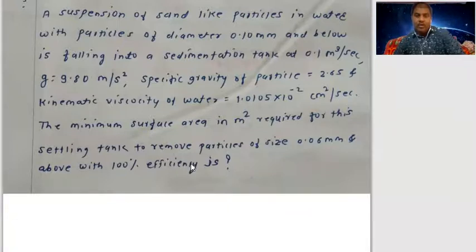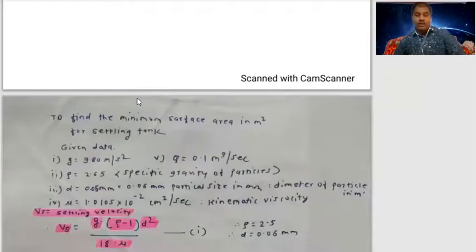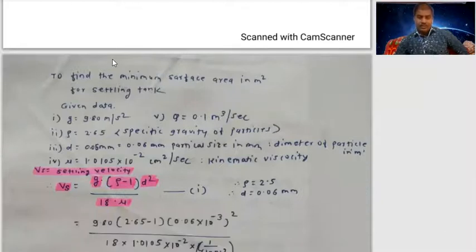Here, we have to calculate the maximum surface area for particle size 0.06 mm and efficiency of the filter 100%. Okay, this problem is based on only one formula, which may be asked in GATE 2014.